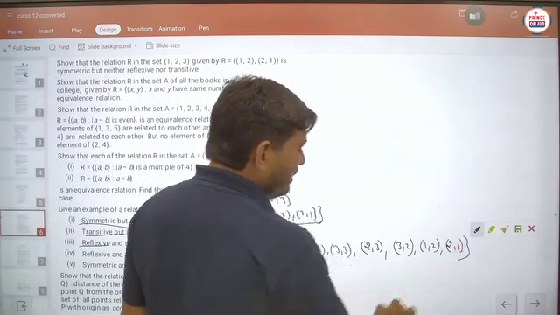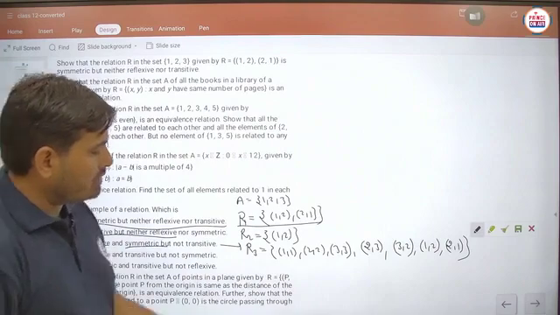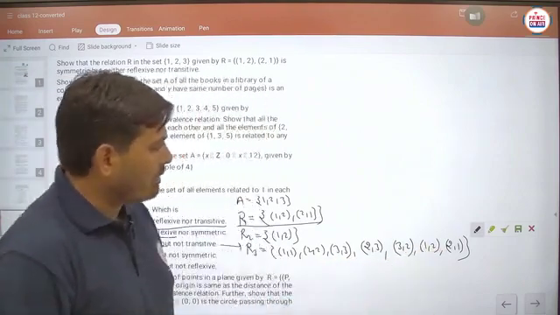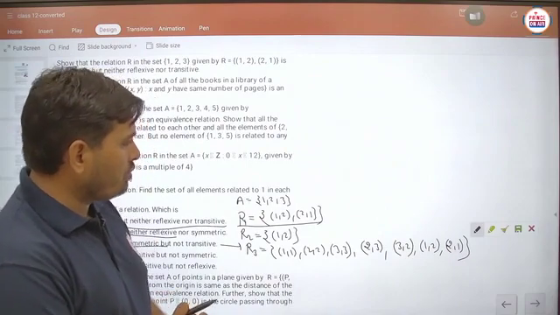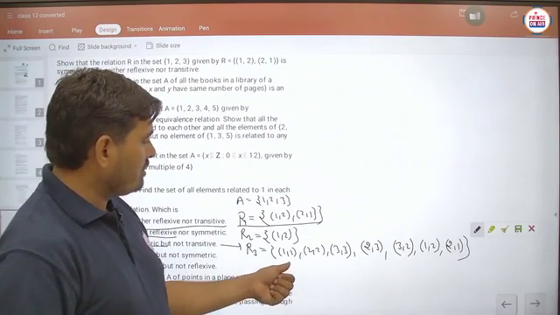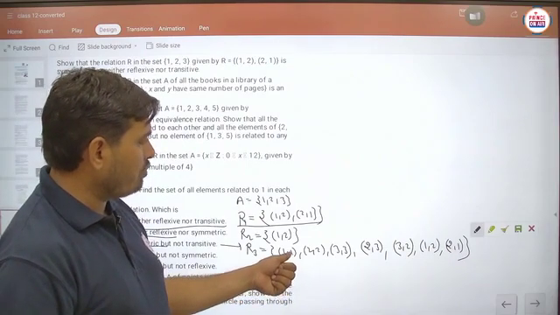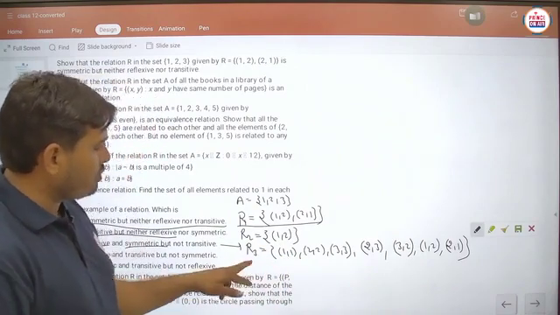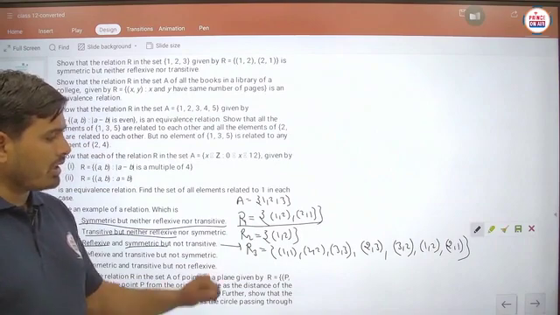Is it clear? So 2 3 and 3 2 are symmetric, 1 2 and 2 1 are symmetric, but here you can take 2 1 and 1 1, then we can say that 2 1 is there.